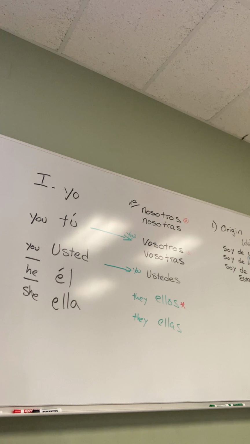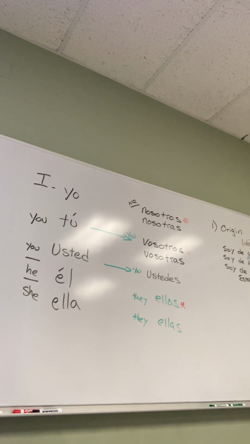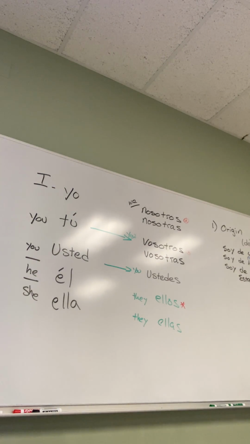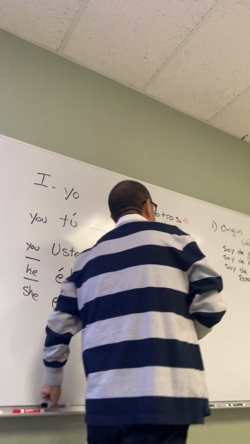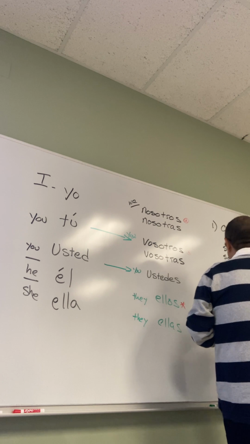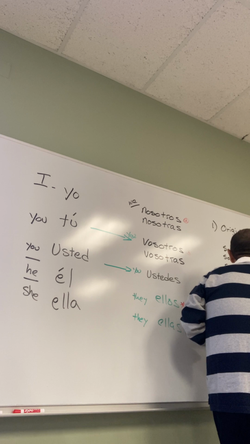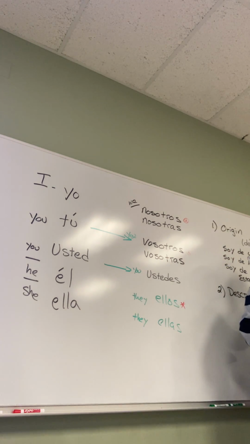Origin. Número dos. And this is why I asked those of you that were here early if I had given out this sheet. If you have it, you can take it out, and if you don't, I brought a couple of extras. Número dos. We use the verb ser to describe people or things.